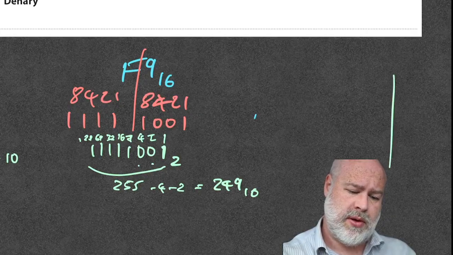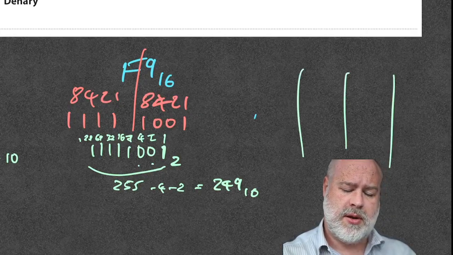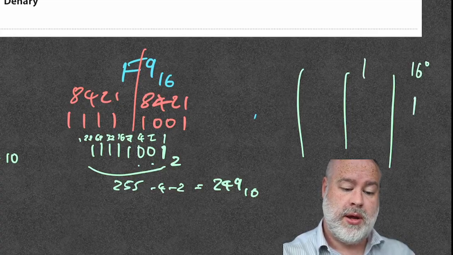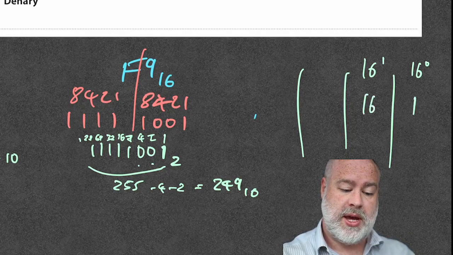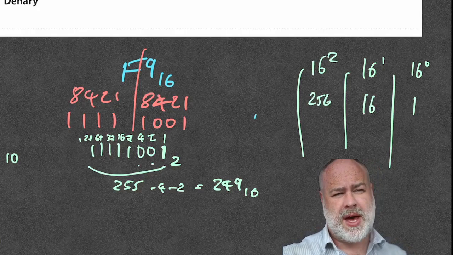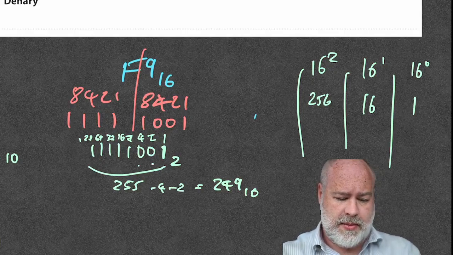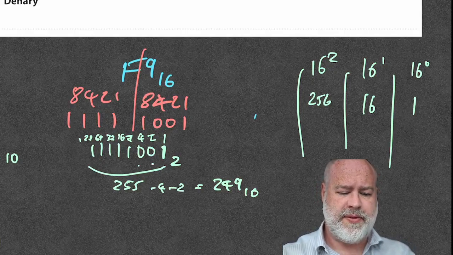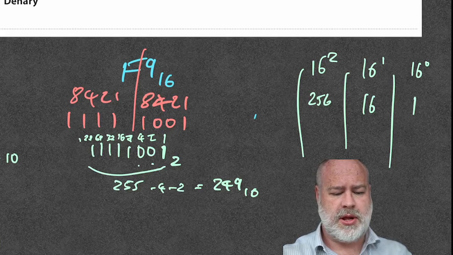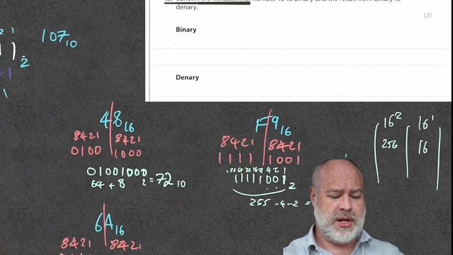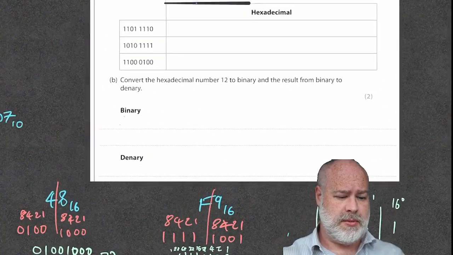You can also see the first 16 to the power of 0 is 1. 16 to the power of 1 is 16, and I think 16 to the power of 2 is 256. You can do it with the powers of. It's possible to times them, but I find that method to be a little bit slower, more cumbersome, harder to remember. So I would just stick with the nibbles method. I think that's going to be better for you.